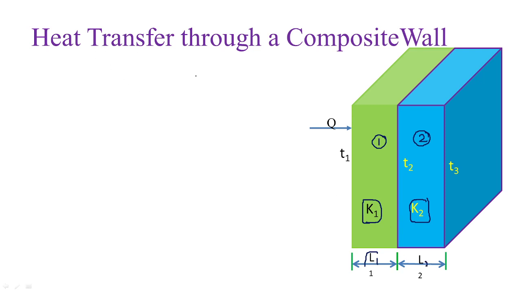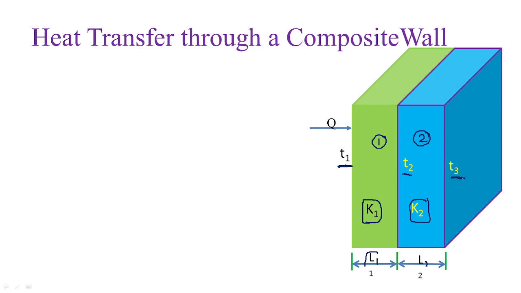Now, heat transfer is taking place in this particular wall. Try to understand one important thing here: when you consider this composite slab, you will come across three different temperatures. Can you see here? T1, T2, T3. T1 is the temperature of this side of the wall.